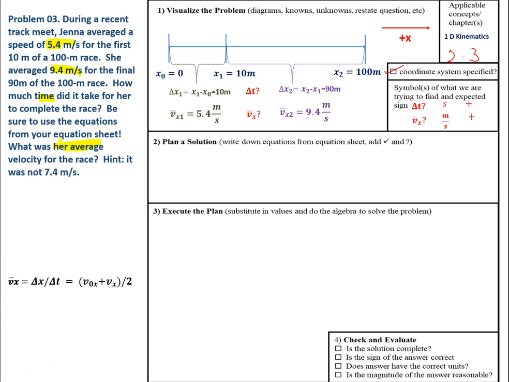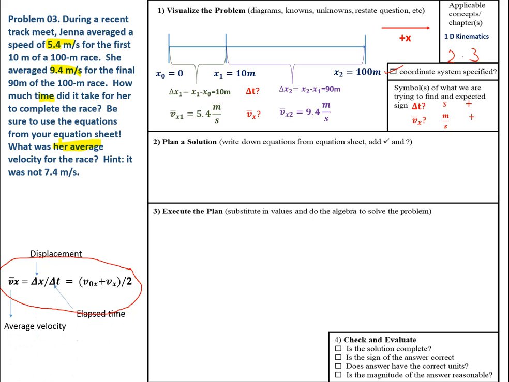Now let's plan a solution. This equation is in your module 2 note packet, and it's also in the equation sheet. The average velocity is defined as the total displacement divided by the elapsed time.